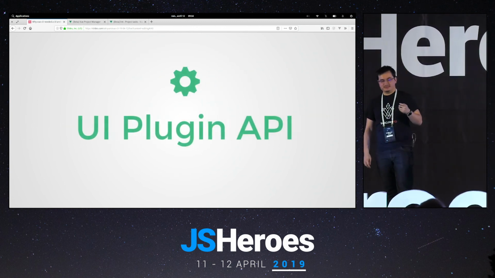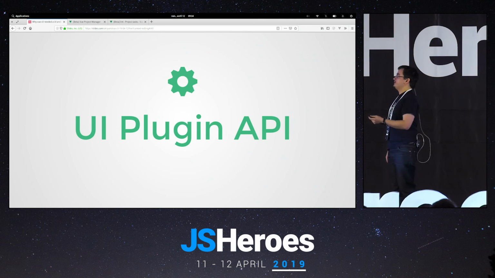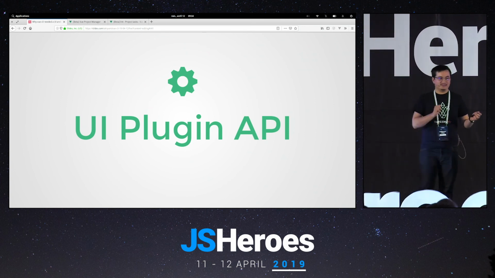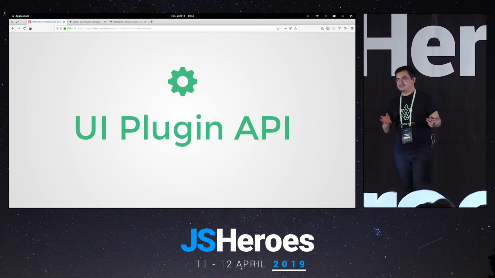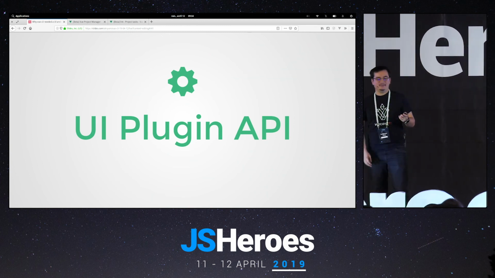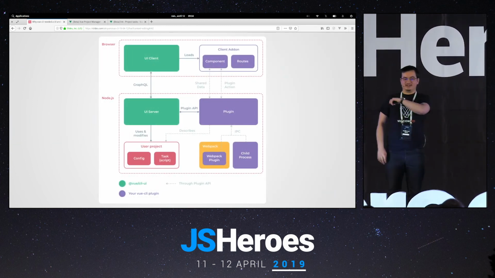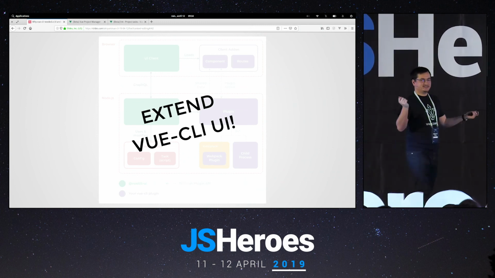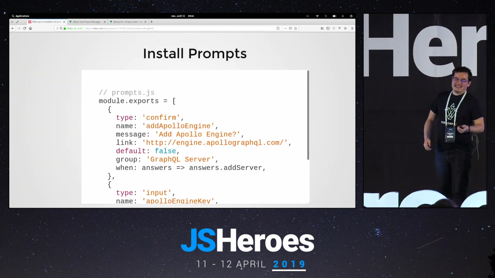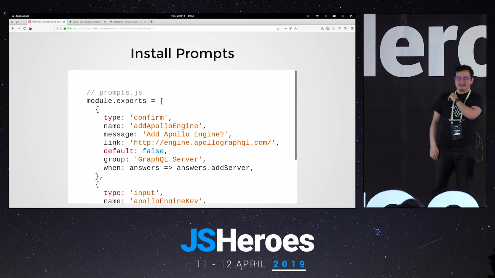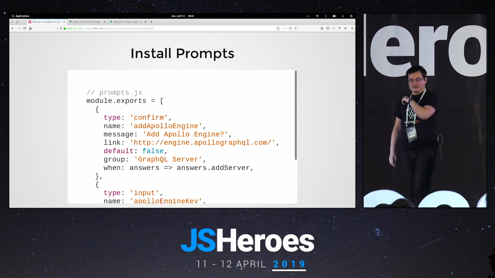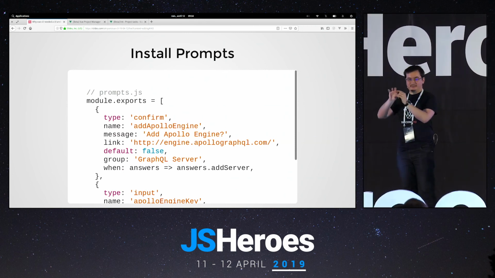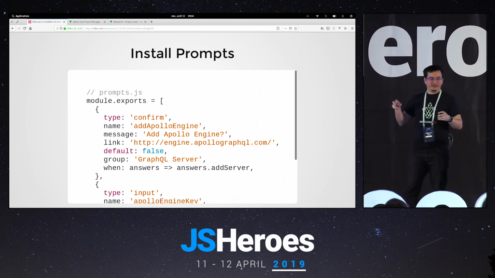That's not all you can do. It also has a public API, so you can extend the user interface in your Vue CLI plugin. So that's a little explanation graph, but basically it says you can do stuff. For example, you can add prompts in your plugins, but you can add more information for the UI.